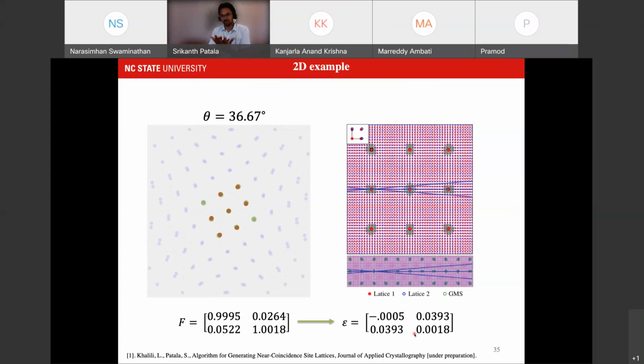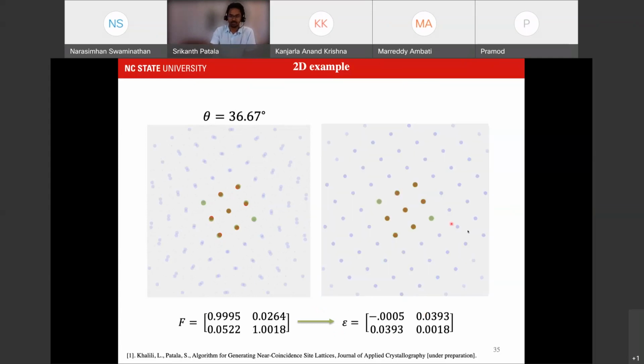So this gives me the amount of distortion that I need to apply to get the perfect matching between the two lattices. And all of this, again, is automated. All I need to ask this algorithm is, can I generate a coincident site lattice with, in this case, the coincidence number being 5, which is basically the area of the sublattice with respect to the primitive lattice.